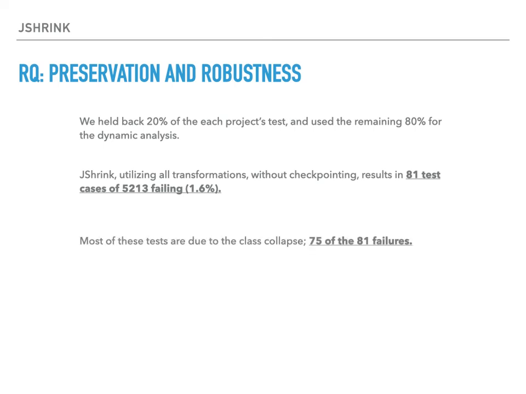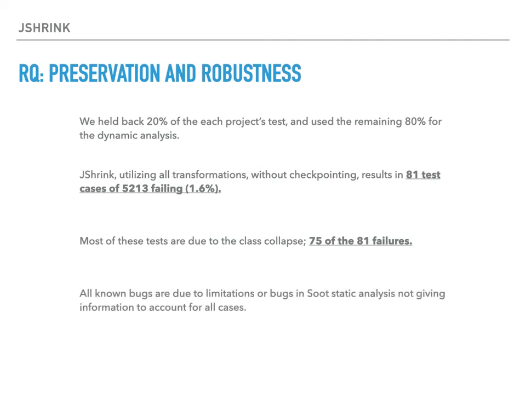Upon further analysis, we found that almost all these were due to the class collapser. And all known bugs were due to limitations in the static analysis, simply not giving us the information we need to account for all cases. Interestingly, checkpointing worked exactly as we intended, with no bugs. No tests failed when checkpointing is enabled, even in the held-out tests.